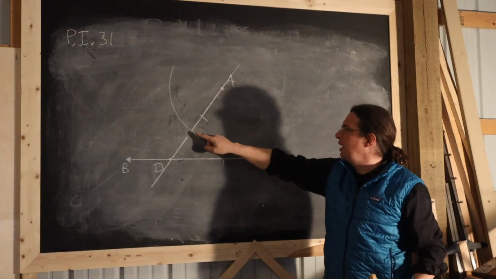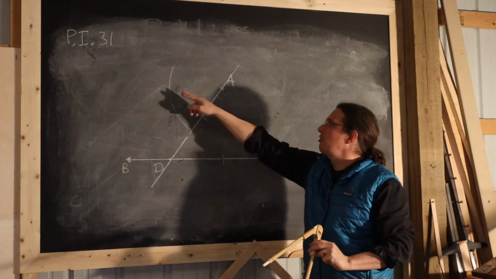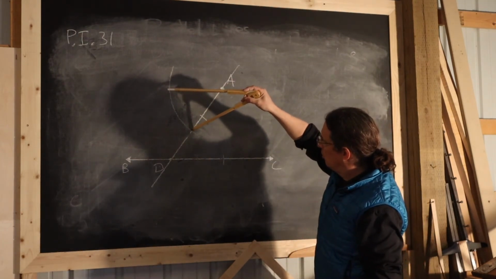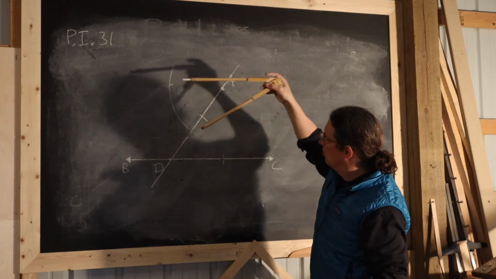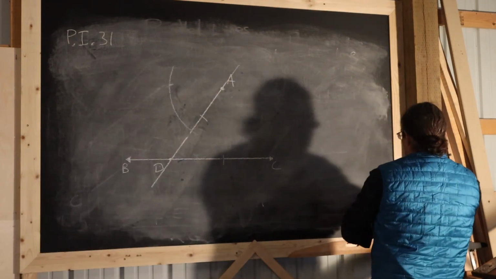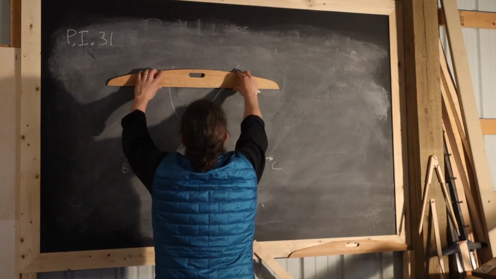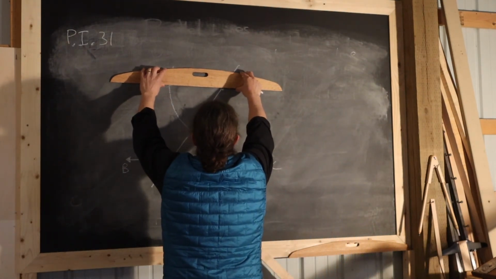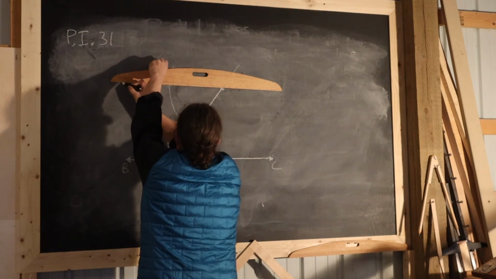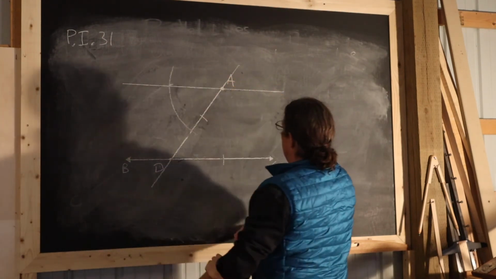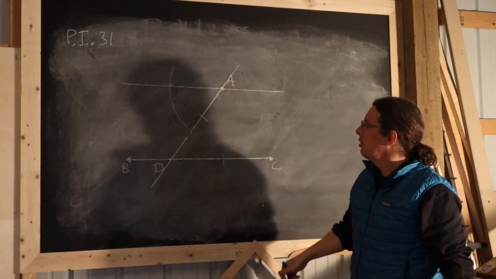I'm going to transfer that distance from this intersection to somewhere else on this arc. And that intersection, that mark that I've made up there, if I connect that to point A, then that new line should be parallel to this one.